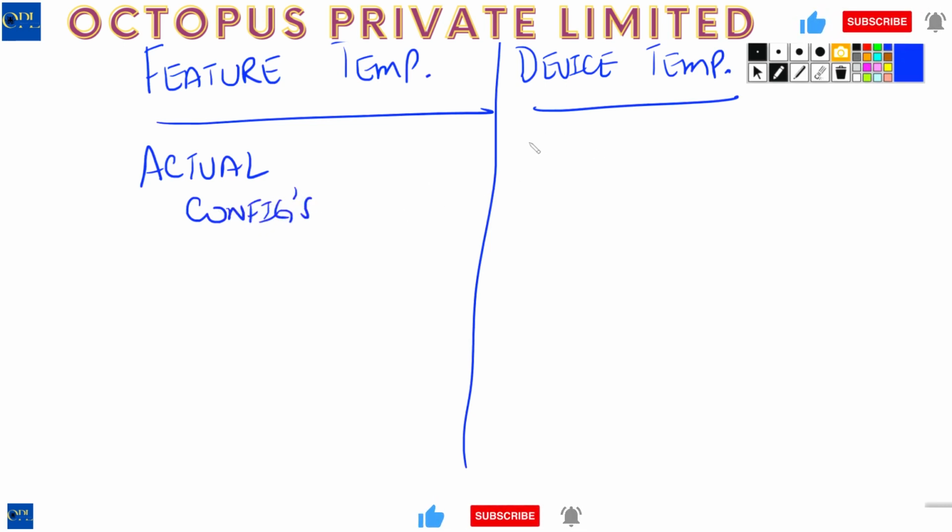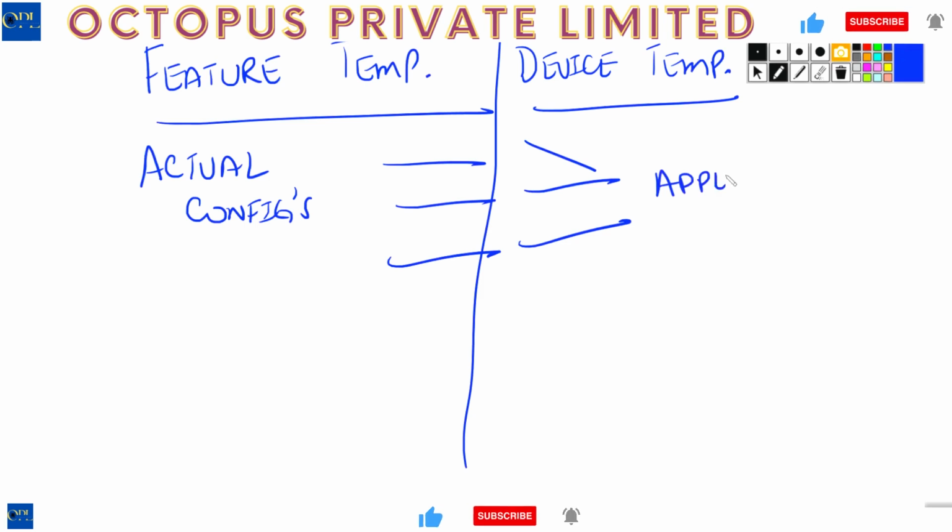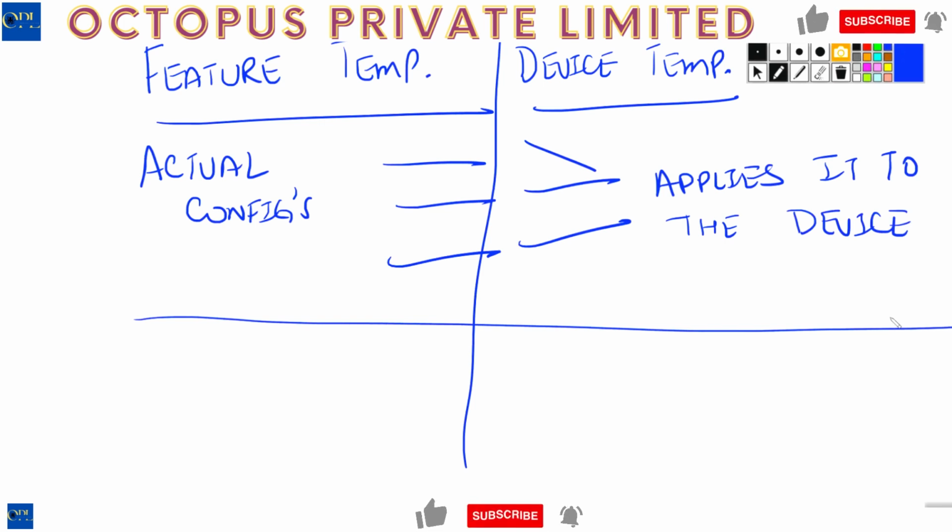The device template basically collects a bunch of what? These feature templates and applies them to the device. So it's a collection of individual feature templates that are applied.